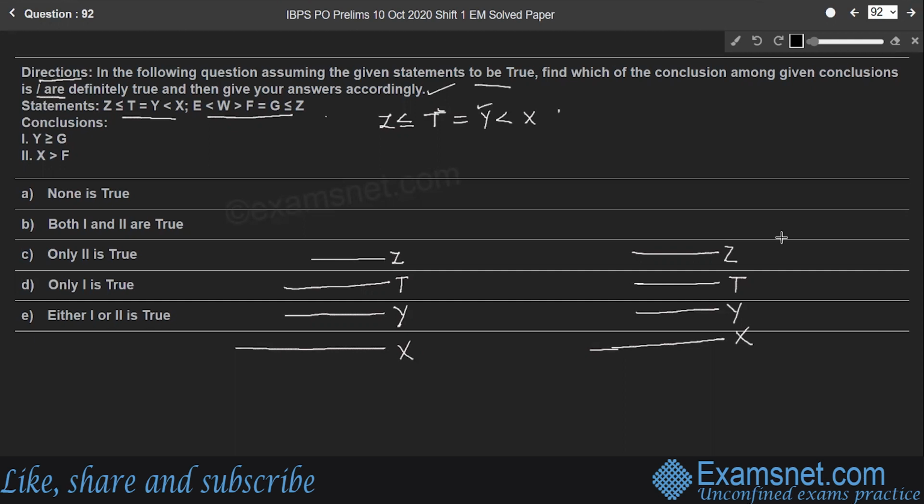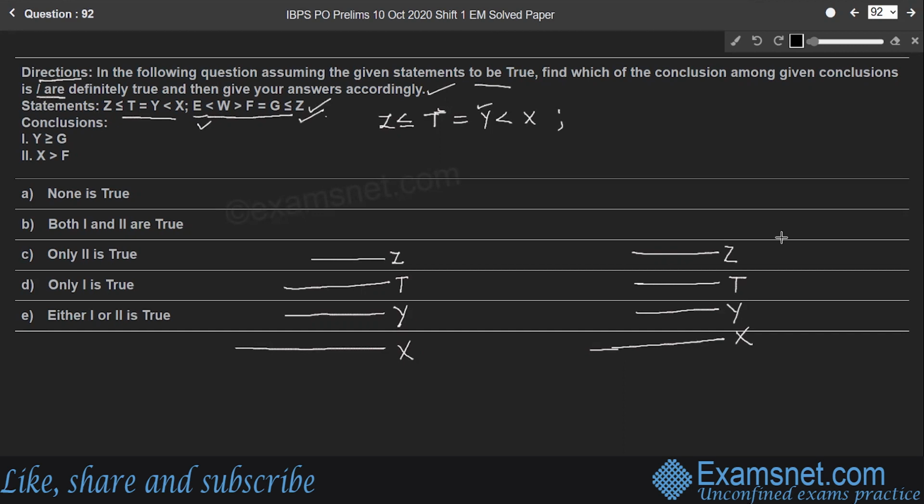So next part of the statement. So here it starts with E, E less than W. Since there is no direct relation between Z, T and W, E and all, we'll start from Z here, right? So here G is less than or equal to Z, right?